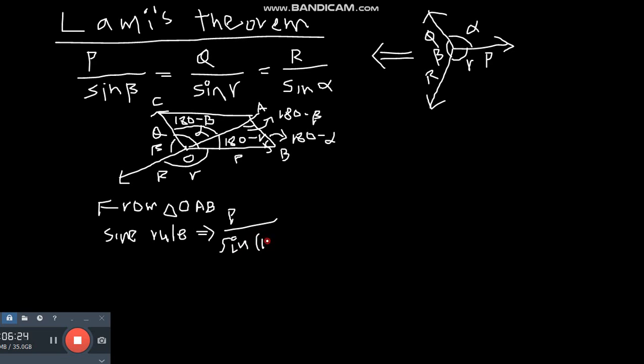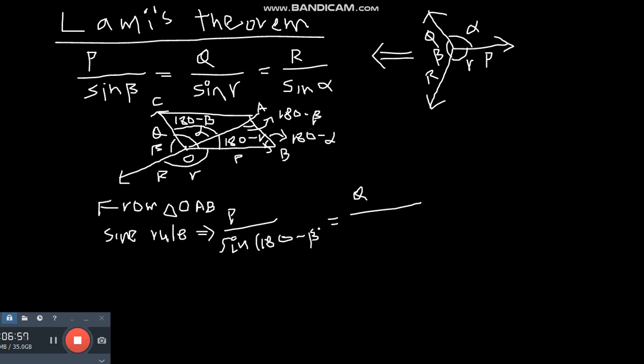Here is the force, so the opposite angle is 180 minus beta, equals Q divided by sine of its opposite angle. Where is Q? Here is Q. The opposite angle is 180 minus gamma.